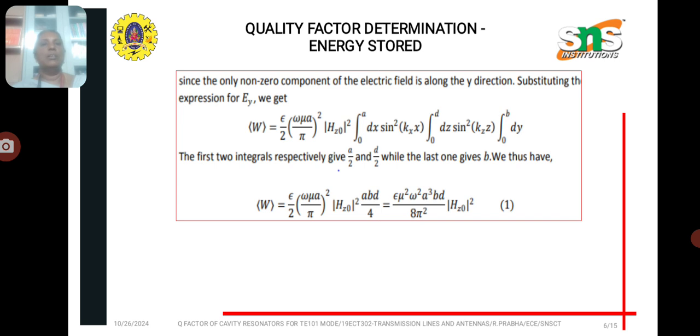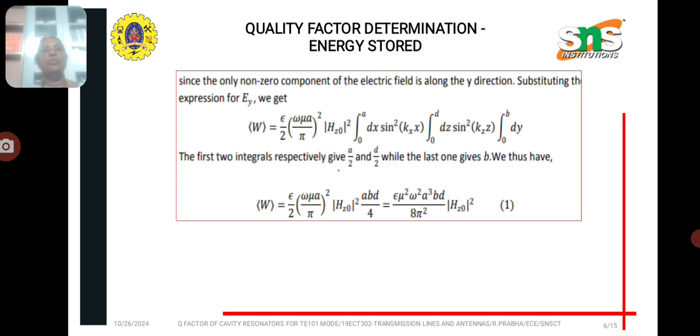Since the only non-zero component of the electric field is along the y direction, substituting the expression for Ey in the field equation, we get the energy as epsilon by 2 times (m pi by n) the whole square H20 the whole square times integral of 0 to a dx sine squared kx x, integral of 0 to d dz sine squared kz z, and integral of 0 to b dy.